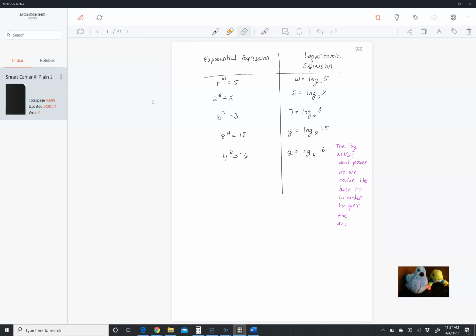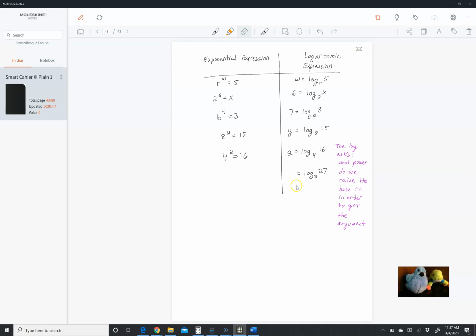So we're going to do 2 things at once here. We're going to solve some logs, but we're also going to convert it to exponential. So let's say that we have, I'm going to leave the left side blank, log base 3 of 27.